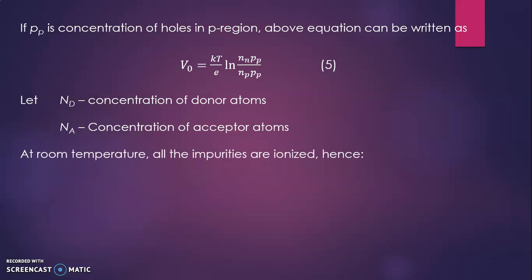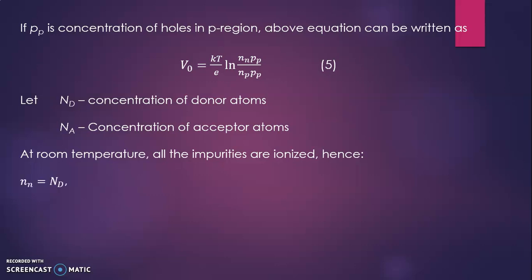At room temperature, all the impurities are ionized, meaning in the N side there is a large number of electrons, and in the P side a large number of holes are there.